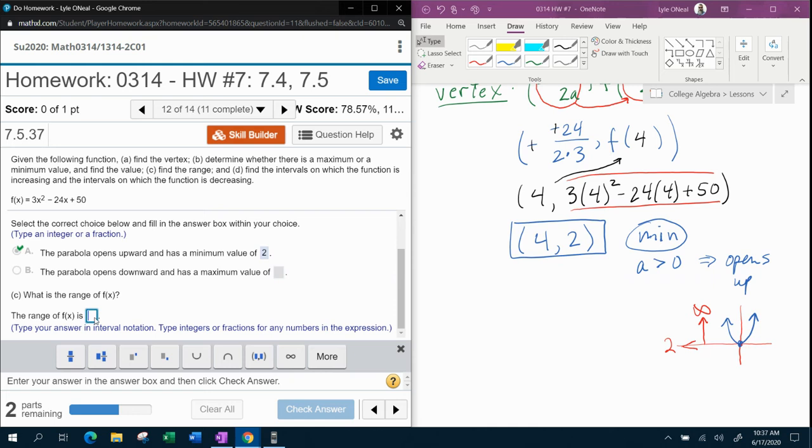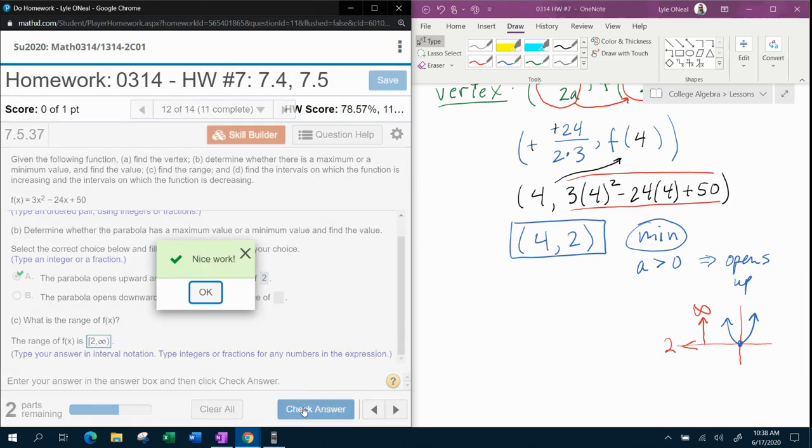Now the 2 is included, so we actually need a bracket, and that comes from the keyboard. The bracket on the keyboard, going from 2 to infinity, and an infinity always gets a parenthesis. So we're going to go from 2 to infinity for the range.